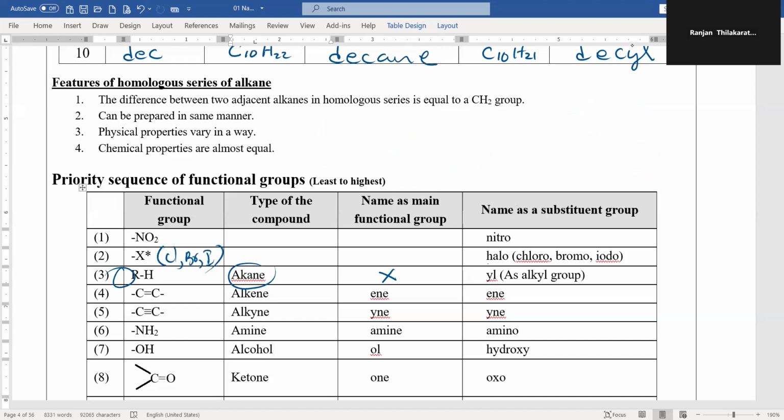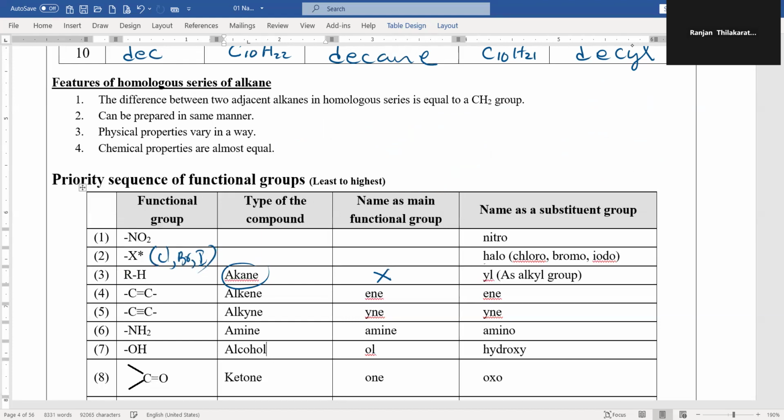But when we consider the hydrocarbon having a double bond, those are named as alkene.